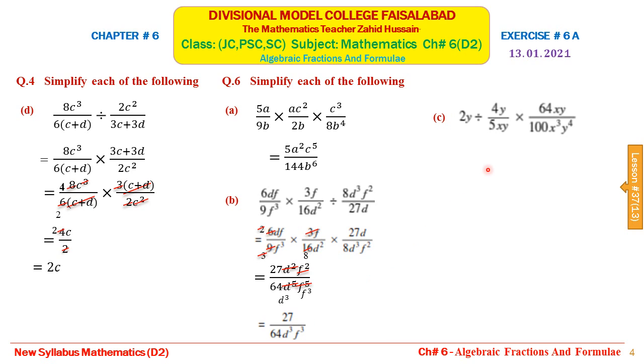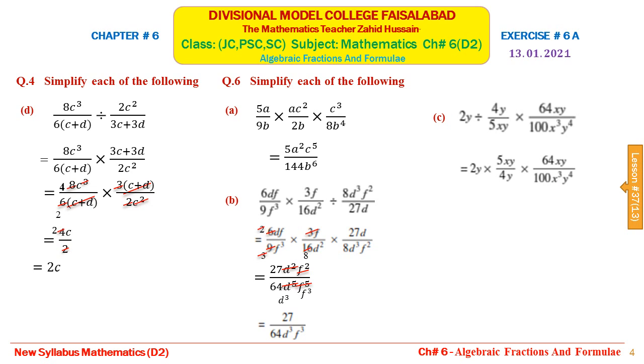Now there is a division sign between first and second fraction. So we will change this division sign into multiplication sign, and we will write the first fraction as it is, and we will take the reciprocal of the second fraction. So our problem will become 2y multiplied with 5xy over 4y multiplied by 64xy over 100x cube y to the power 4.